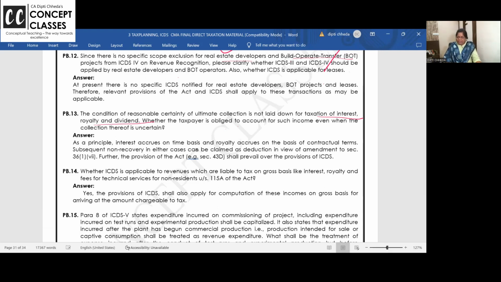Interest accrues on a time basis. Royalty accrues on a contractual basis. Subsequently, if there is non-recovery, you can always cover it under 36(1). Write here: bad debt. But recognize the income, no? And the Act will prevail, 43D rather than the provisions.